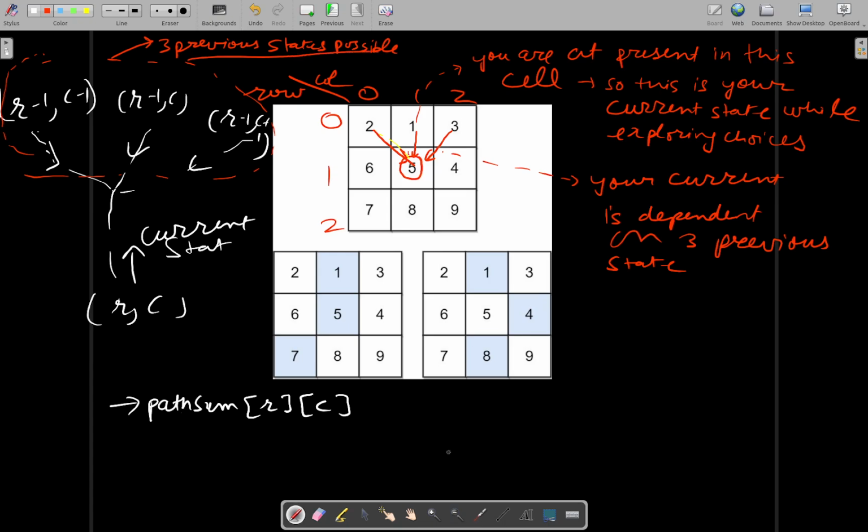Okay, so this path sum will be taking contributions from previous states.